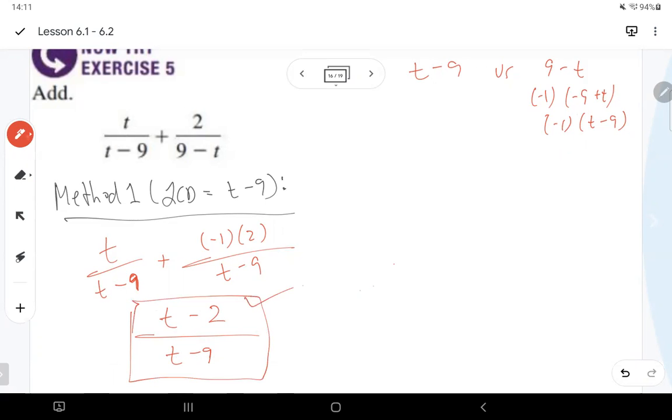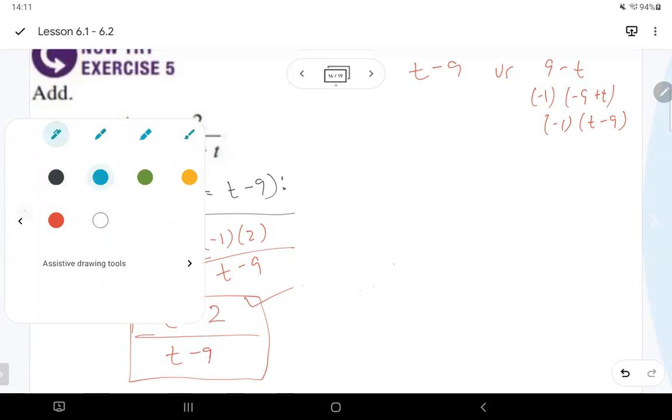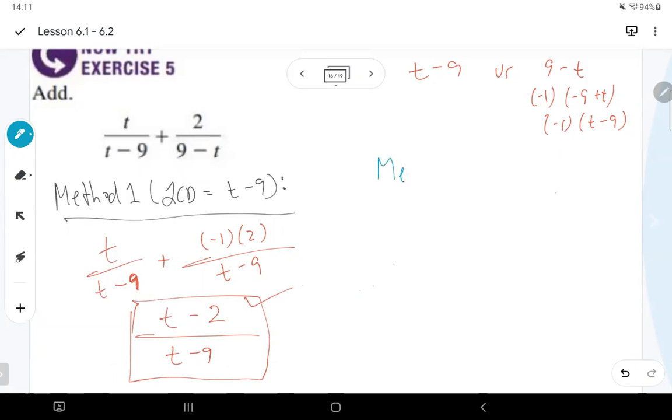Okay, that's one option. Second option is to leave the LCD as 9 minus t.